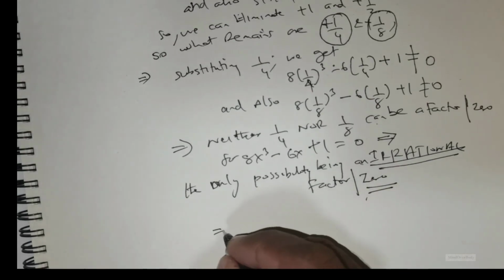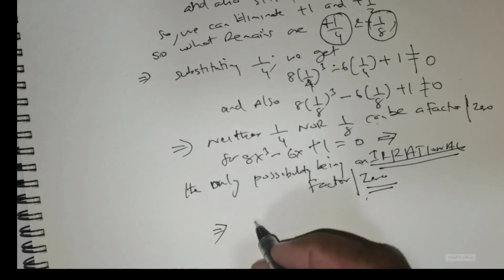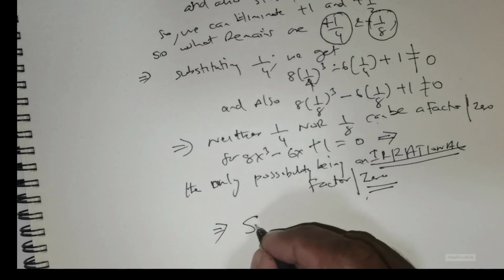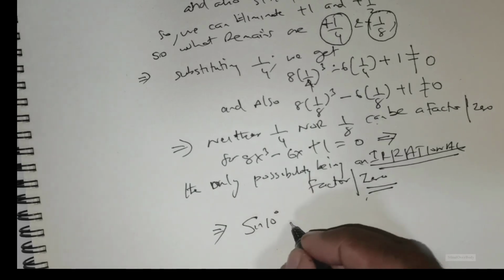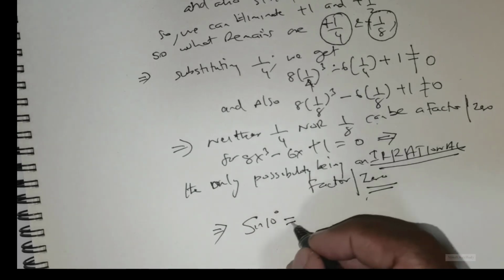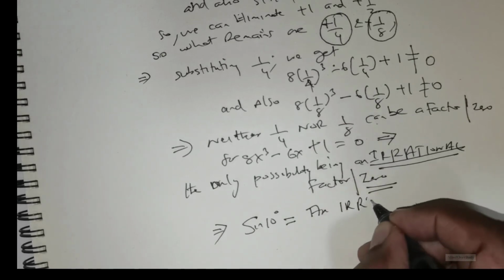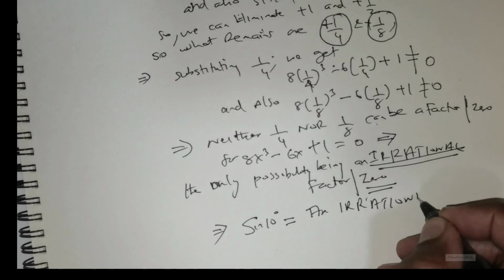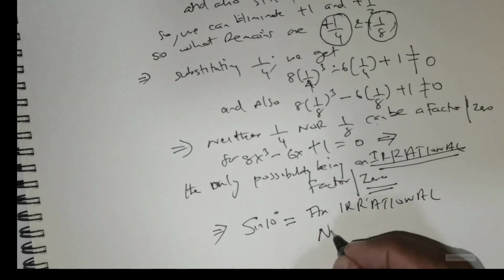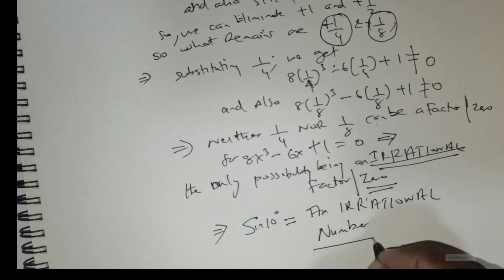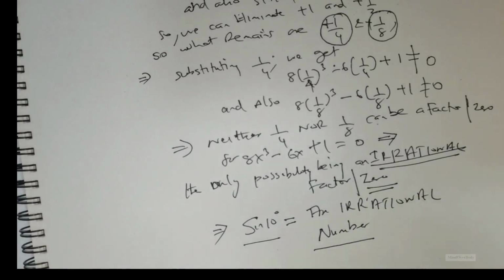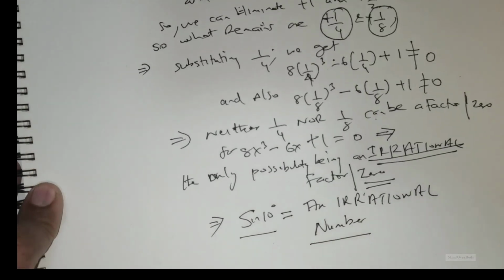Okay, so this implies sin 10 degrees should be equal to an irrational number. Okay, so that concludes the solution for this question.